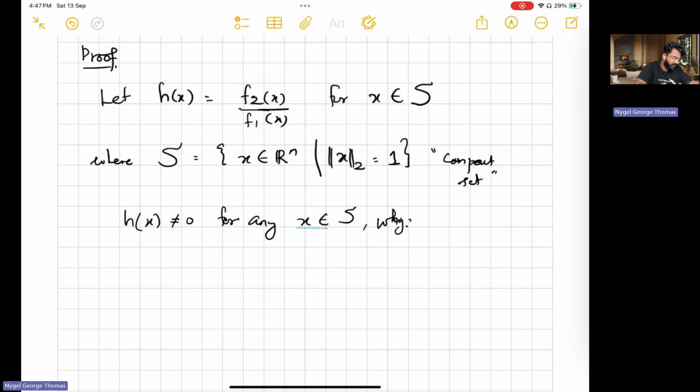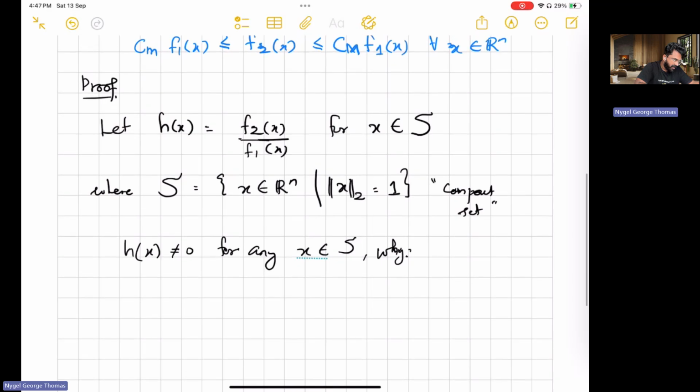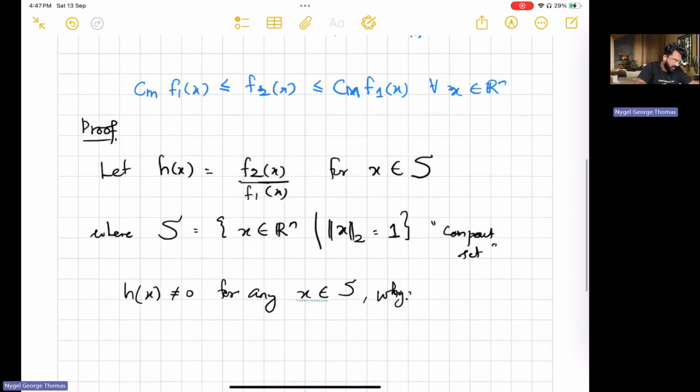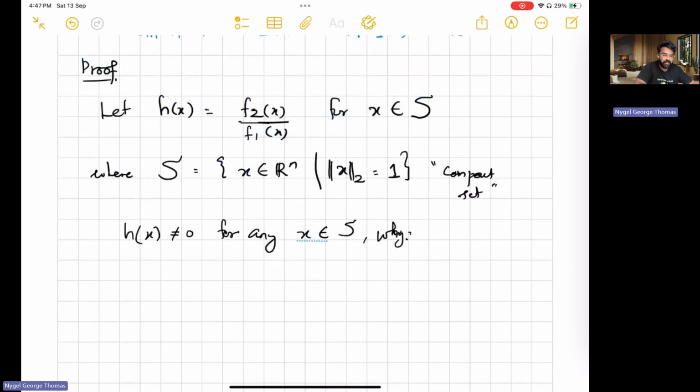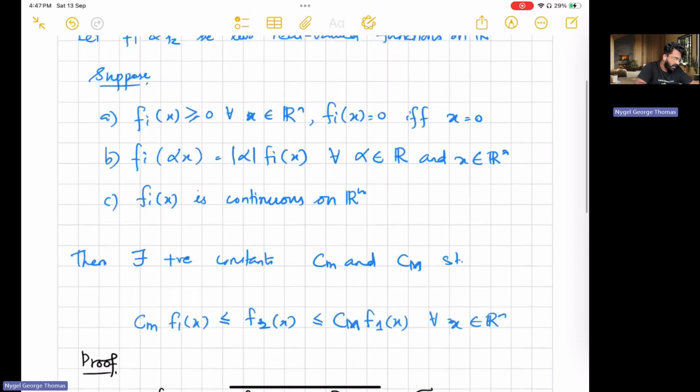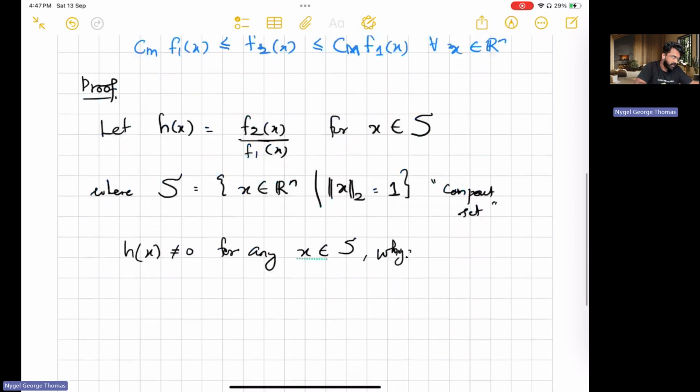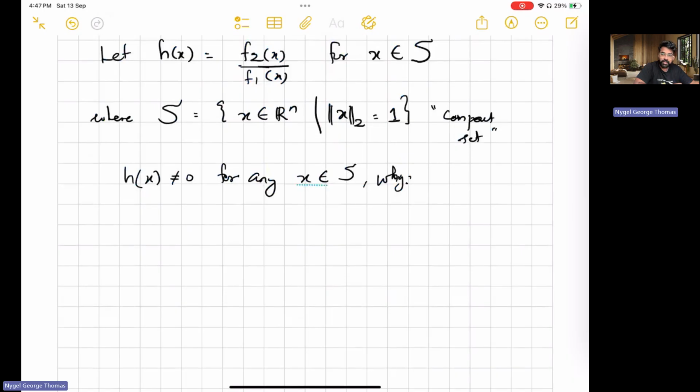Since norm of x is 1, it's non-zero, so from property 1, f1 and f2 are always positive. It's 0 if and only if x is equal to 0. So h of x will never be equal to 0 for any x belonging to this compact set.